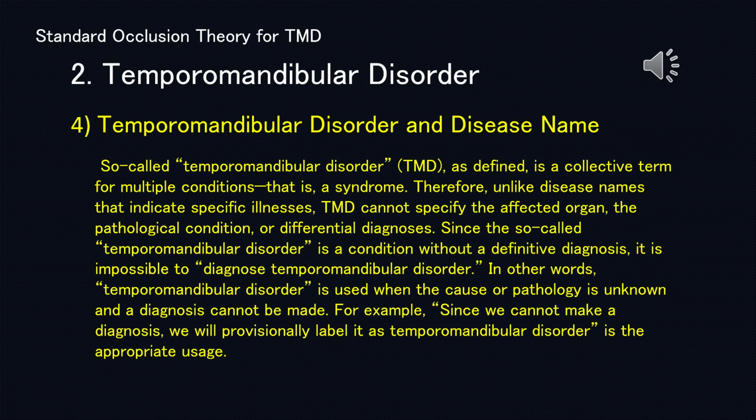Since the so-called temporomandibular disorder is a condition without a definitive diagnosis, it is impossible to diagnose temporomandibular disorder. In other words, temporomandibular disorder is used when the cause or pathology is unknown and a diagnosis cannot be made. For example, saying "since we cannot make a diagnosis, we will provisionally label it as temporomandibular disorder" is the appropriate usage.